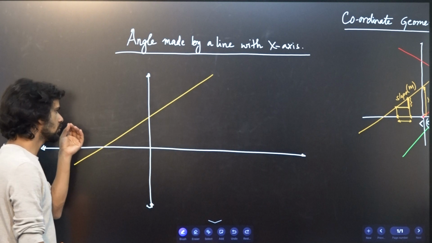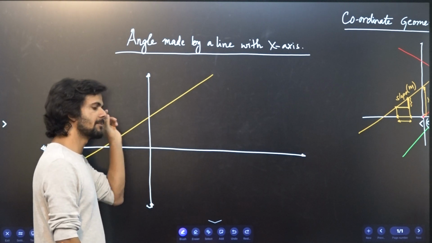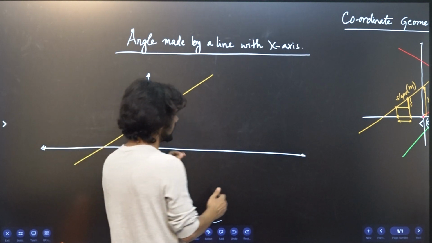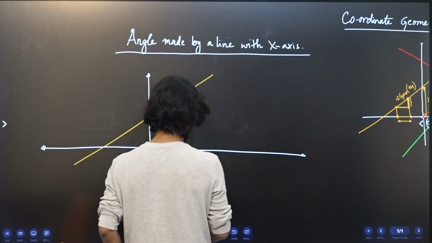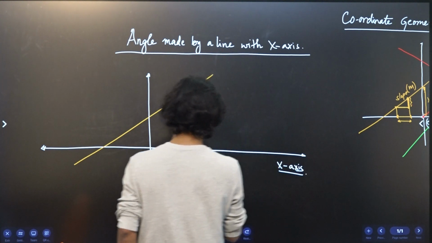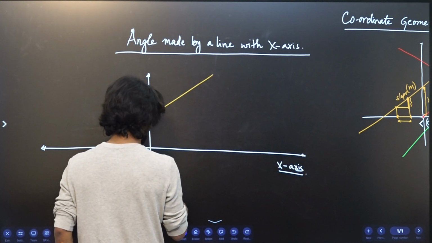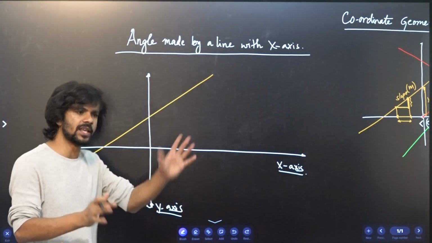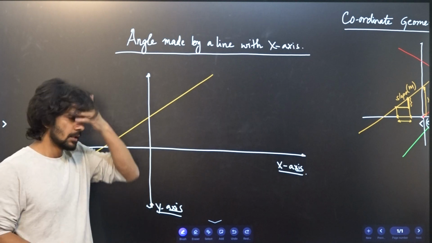Now I want to know the angle made by this line with the x-axis. I'm not interested at the moment in the y-axis. We can find it, but I'm not interested.